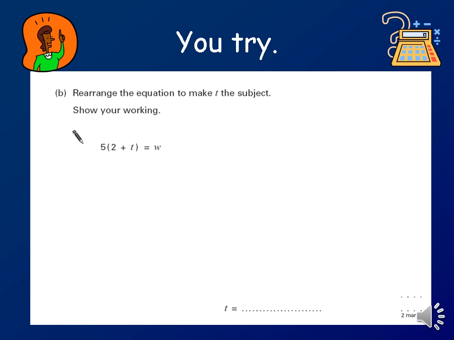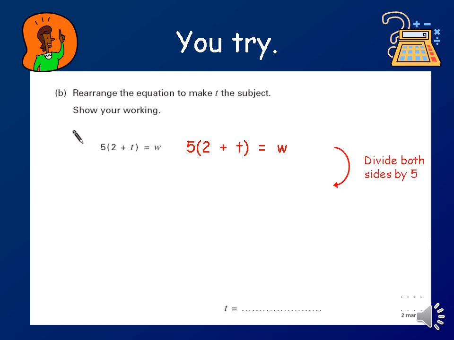Okay, one more. Again, this time it's t on its own. 5, 4, 3, 2, 1. Are we ready? So do it a different way.